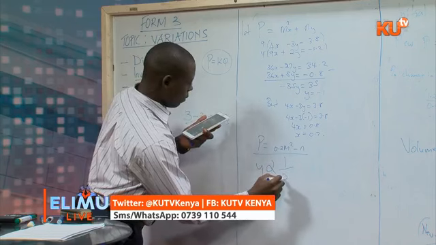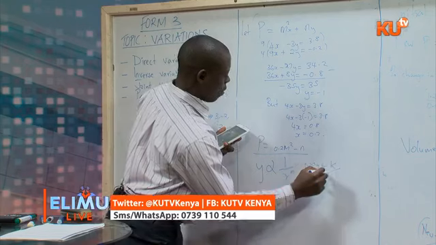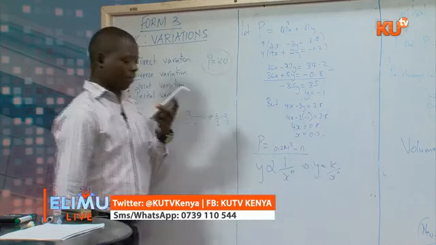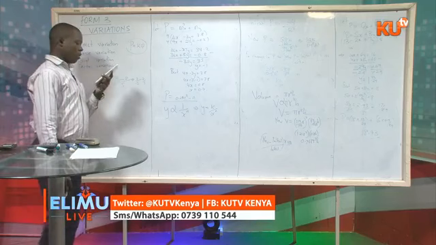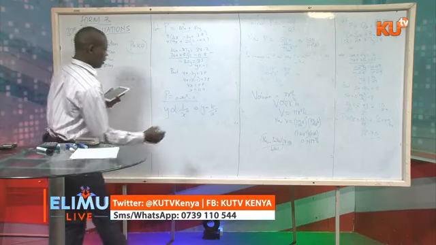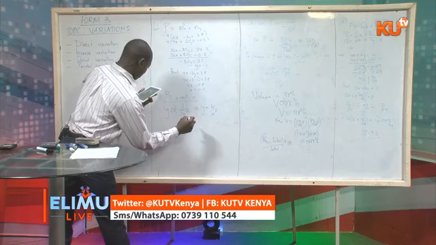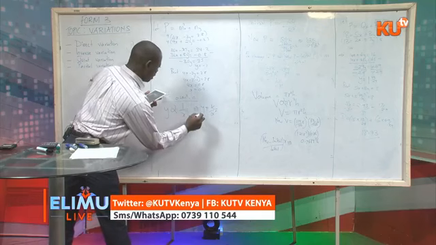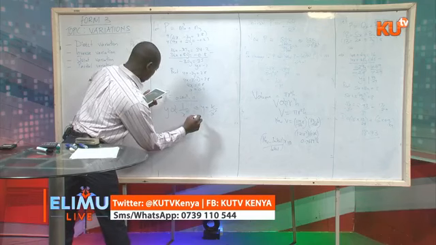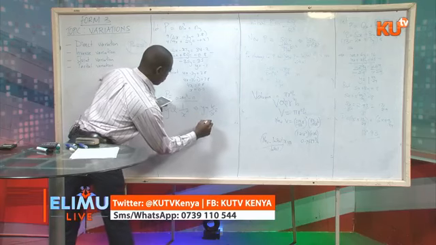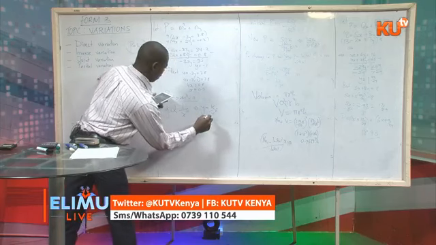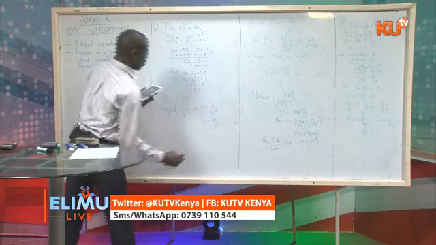So this becomes y is k over x power n. If x is 2 when y is 12, then we replace here x is 2 when y is 12. So this is 12 is equal to k over 2 power n.